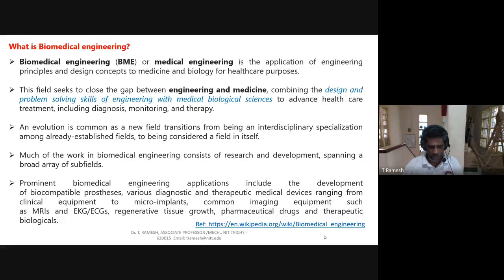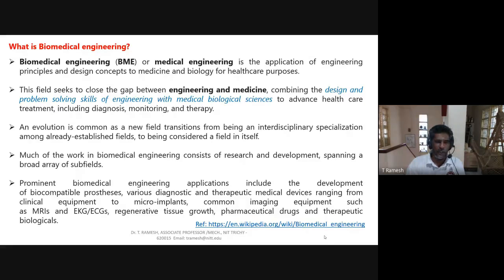All those things are involved, apart from the recommendations from the doctors. We are here to help the doctors to design a device which is being used in a biomedical environment.